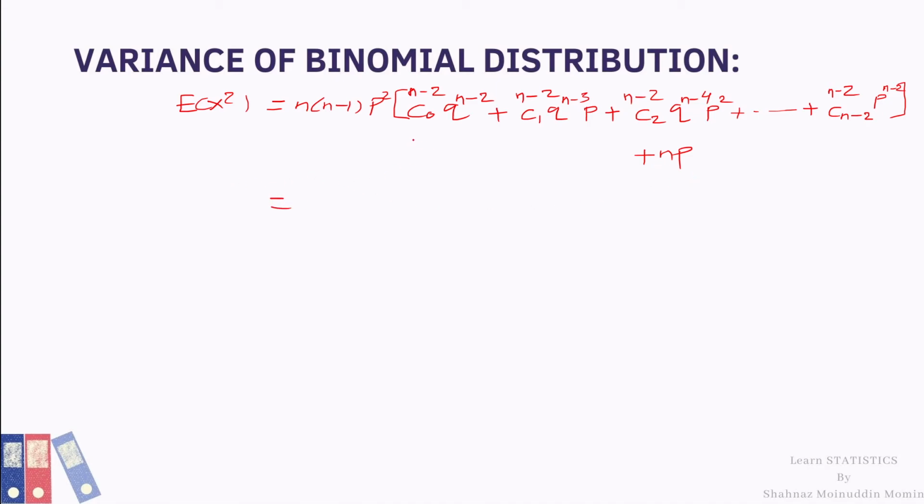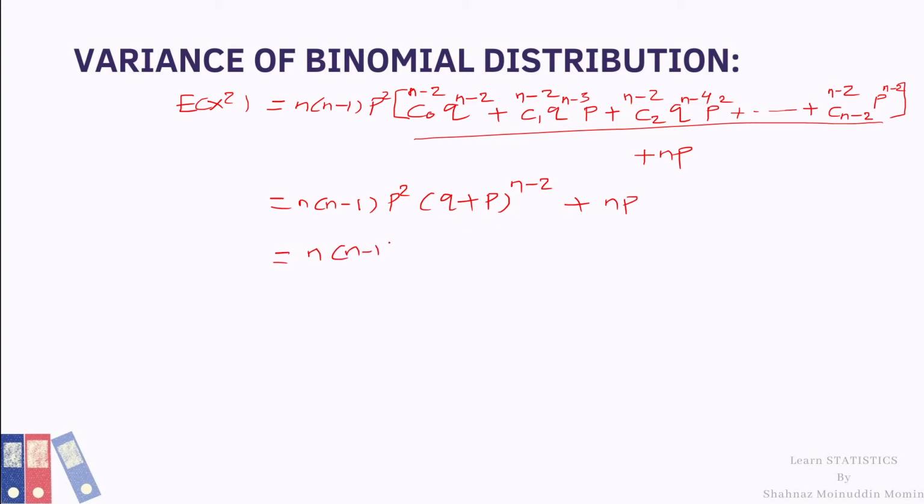And we know that by the binomial theorem the bracket is the expansion of q plus p raised to n minus 2, and as p plus q is 1, so it is n into n minus 1 p square plus n into p, since q plus p is 1. This is the value of expectation of x square.